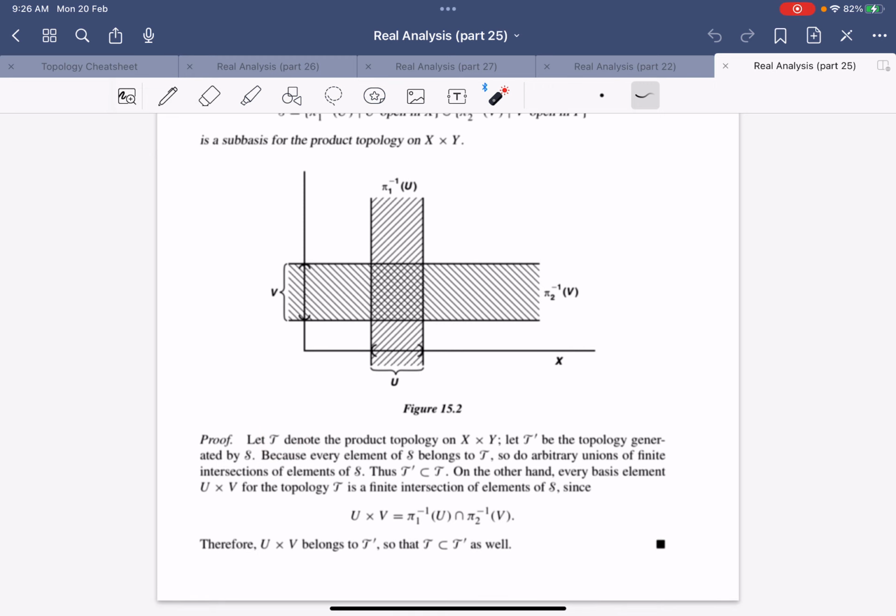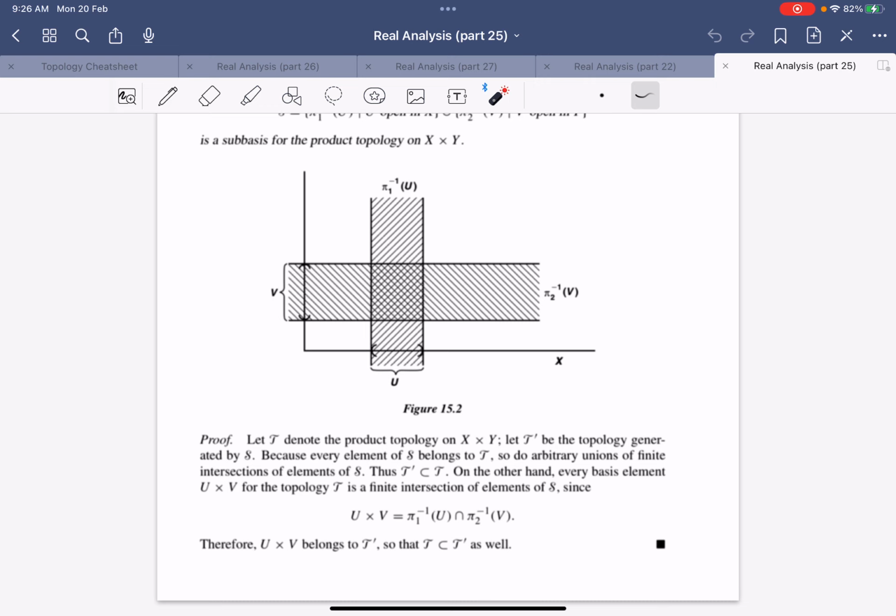If we let T be the product topology on X cross Y, and T prime be the topology generated by this sub-basis, because every element of S belongs to T, so does the arbitrary union and finite intersection. And so obviously, T prime is a subset of T. On the other hand, every basis element is a finite intersection of elements of the sub-basis.